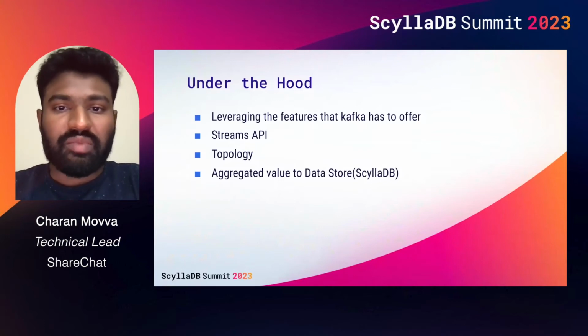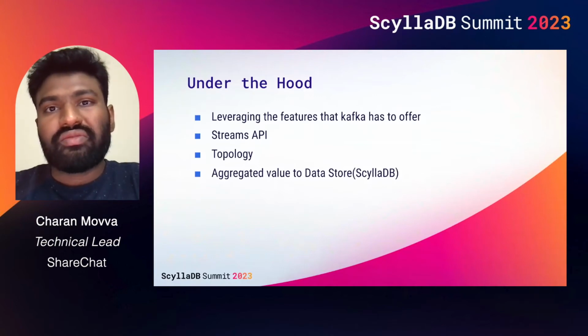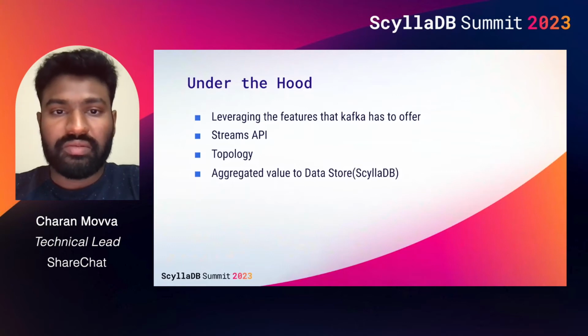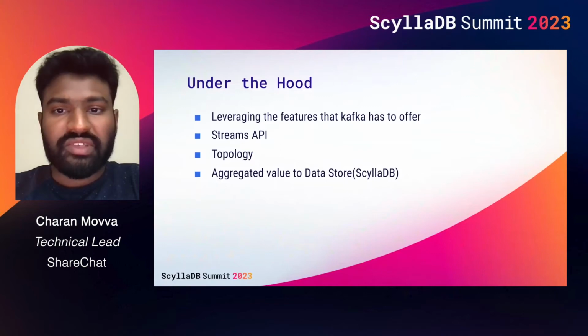This is taken care of by the Kafka partitions. We have the combination of entity ID, which is a post ID, and a counter as a partition key. So, by definition of Kafka, these messages for a certain post ID and counter will always be in the same partition, and eventually will be processed by the same consumer.